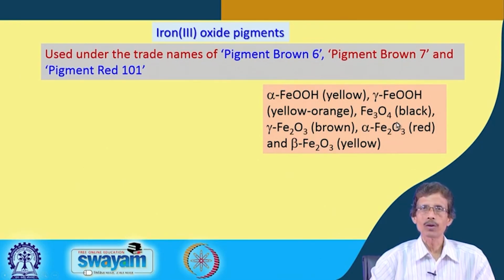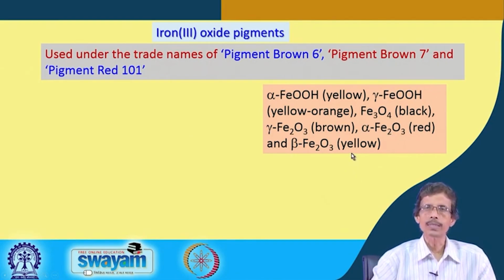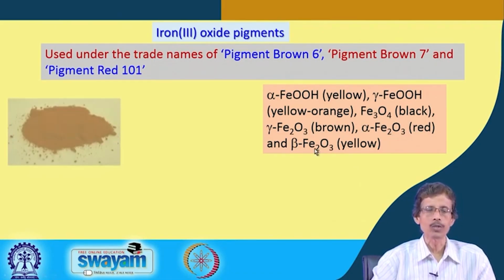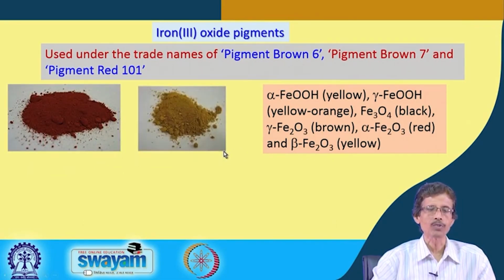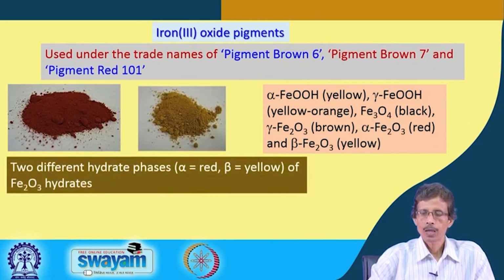Similarly, the ferrosoferric oxide Fe3O4, the magnetite particles, are black in color. Then gamma Fe2O3, the ferric oxide in the gamma form, is brown, the alpha form is red in color and the beta form is yellow in color. So, the solid state structures are different and solid state colors are different. That is why we can use them differently for making different types of pigments.